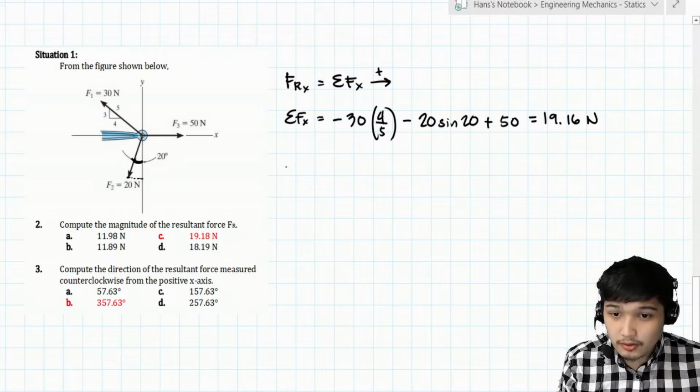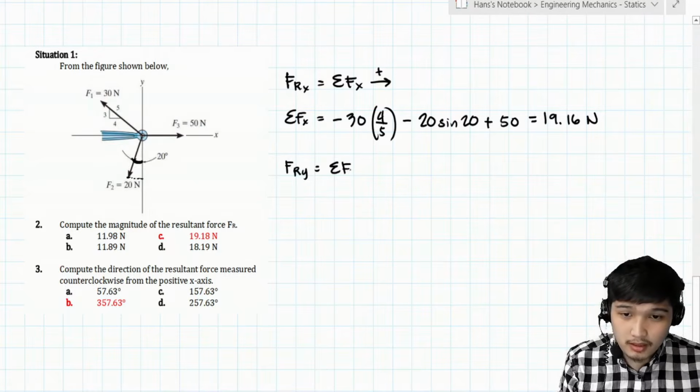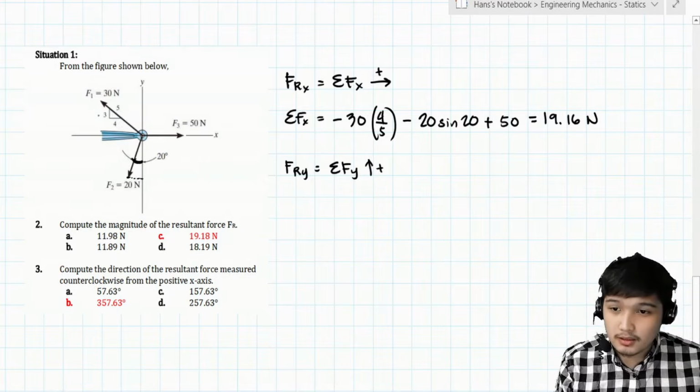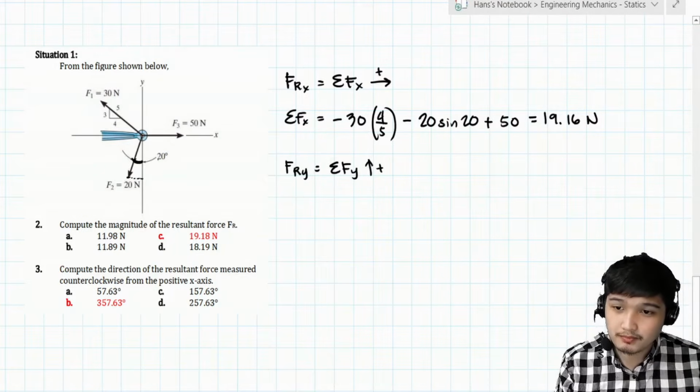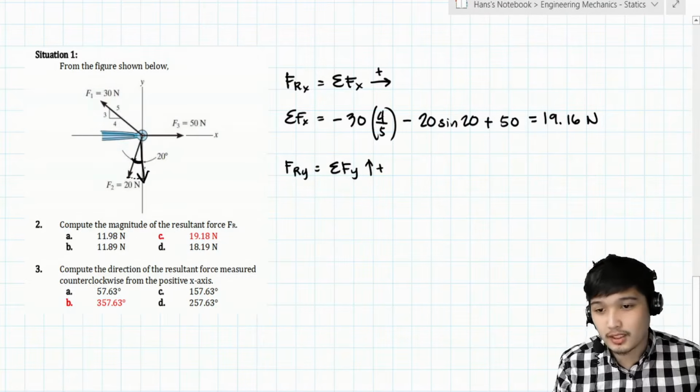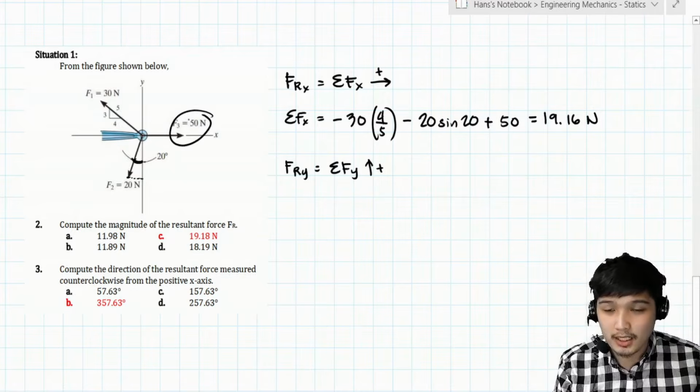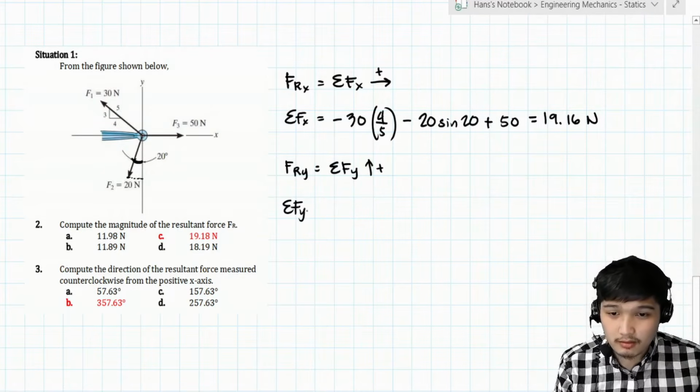Next, solve for the vertical component ng resultant, FRY. So that is summation ng mga forces along y considering upward positive. So itong F1 pataas, so therefore positive. Yung F2 pababa, so therefore negative. And then yung F3 wala, so 0. So summation ng forces along y.